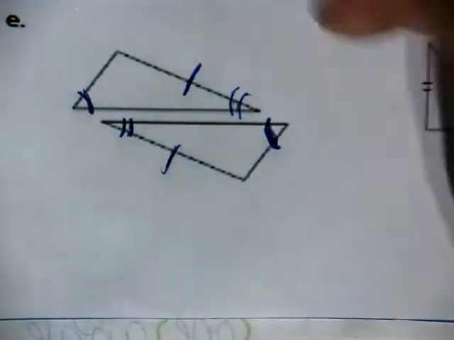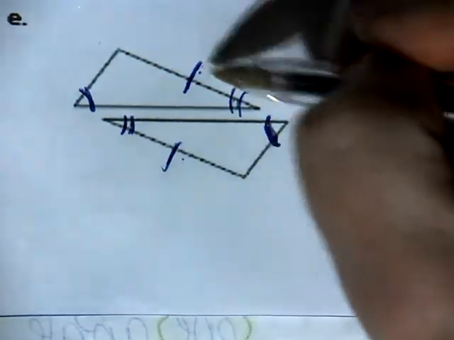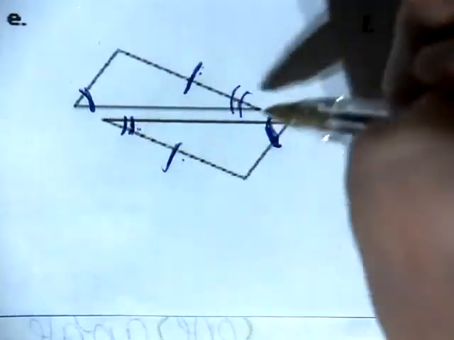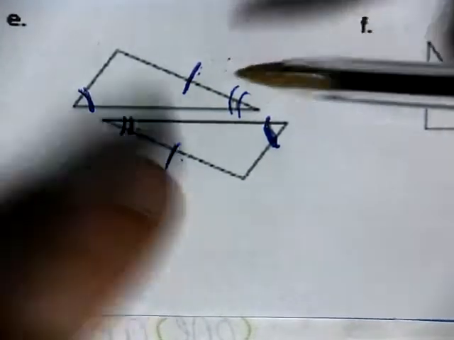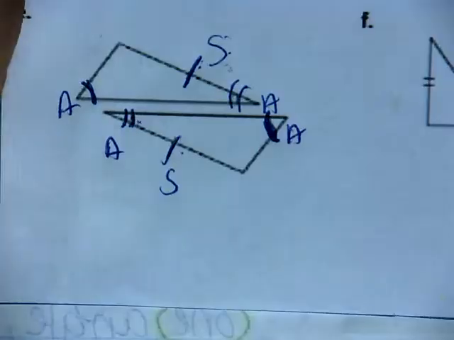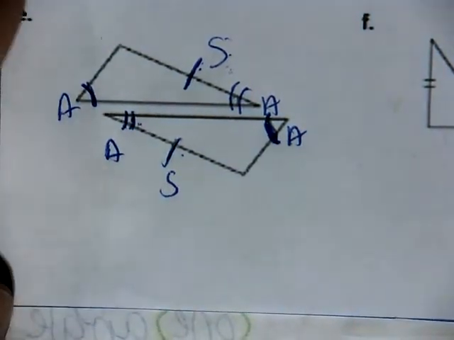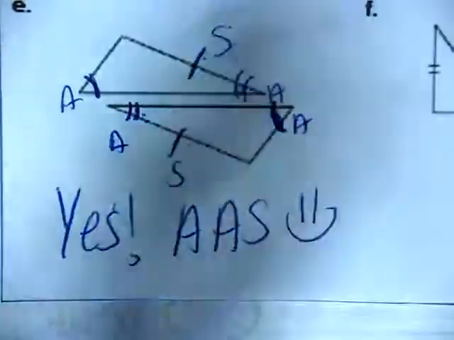So because the side that we're interested in is touching the same angle with the same two arc marks, these two sides are corresponding sides. So I'm going to say that this is angle, angle, side. Angle, angle, side. And we're talking about a side that's not in between the angles, and they correspond with each other. So I'm going to say, yes, you can prove these triangles congruent by angle, angle, side.